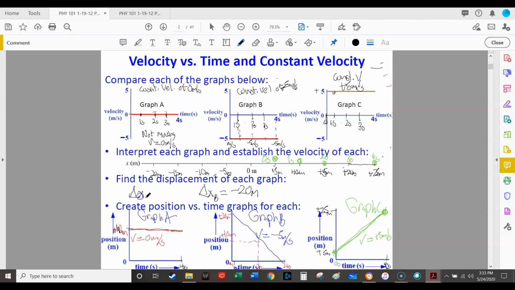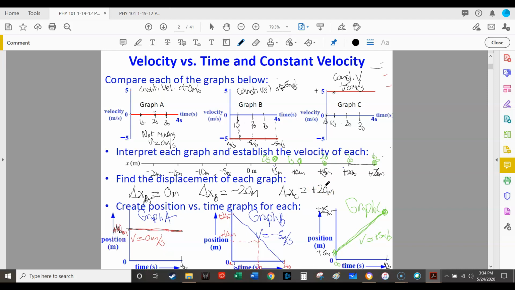Graph A, it was not moving at all. And that's graph A. It was not moving at all. So its displacement was 0. Graph C, its displacement was +5 meters for that first second, +5 meters for the second second, +5 meters for the third second, +5 meters for the fourth second. So its displacement is +20 meters for that entire 4 seconds.